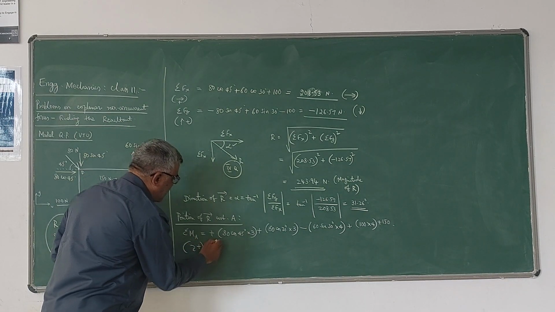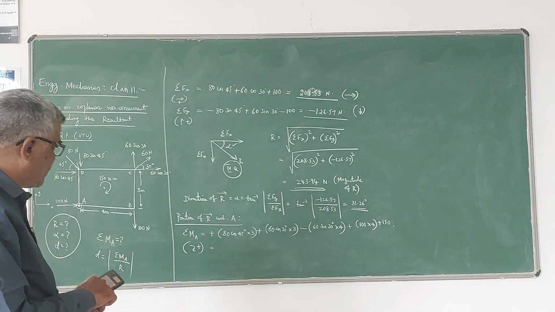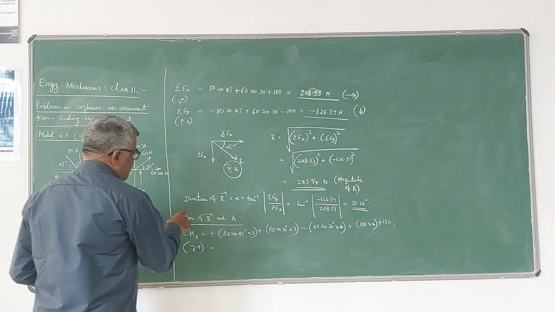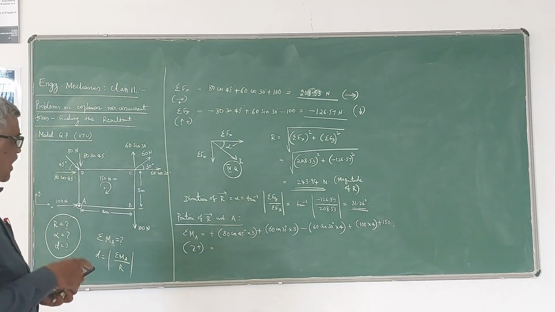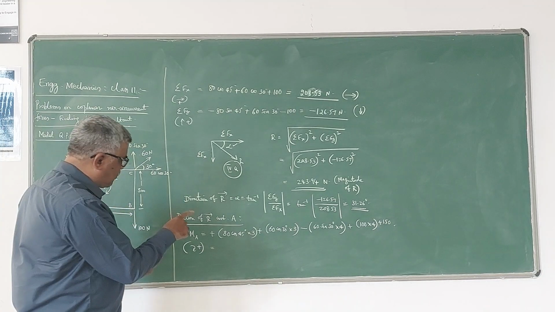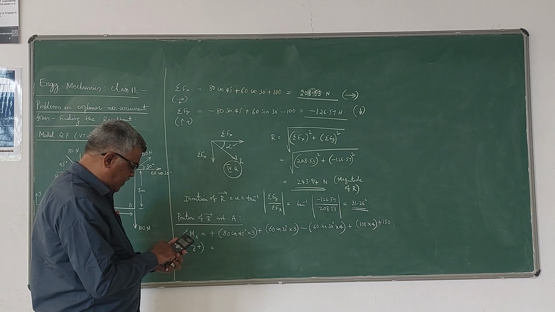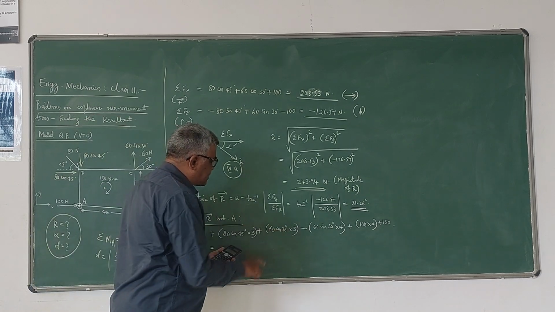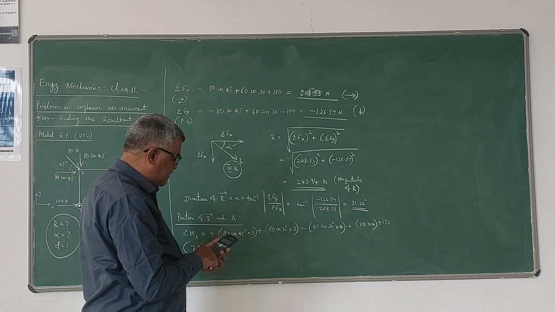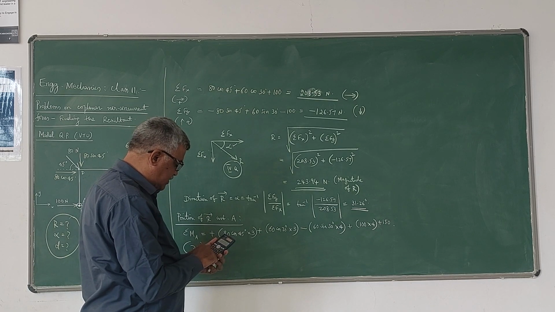This is the algebraic sum of the moments of all the forces about the point A. Because we are finding the position of the resultant with respect to point A, we are calculating sigma M_A. So 80 cos 45 into 3 means 240 cos 45. Then plus 60 cos 30 into 3, which is 180 cos 30.